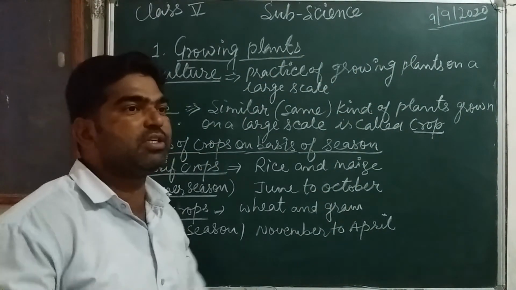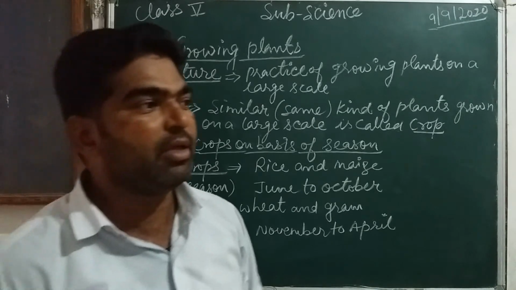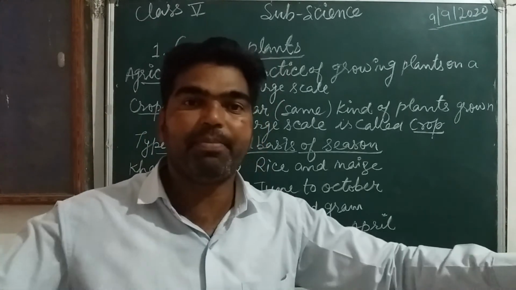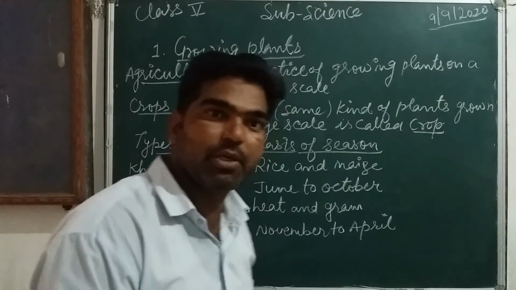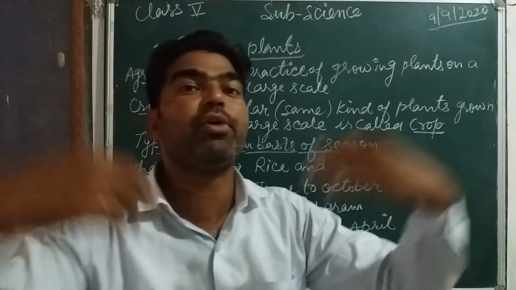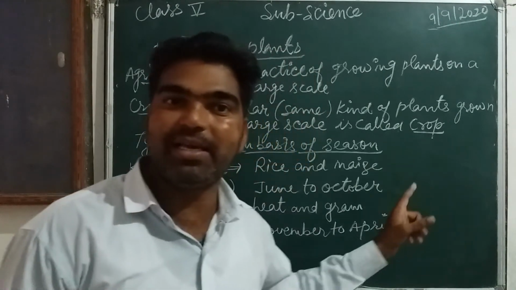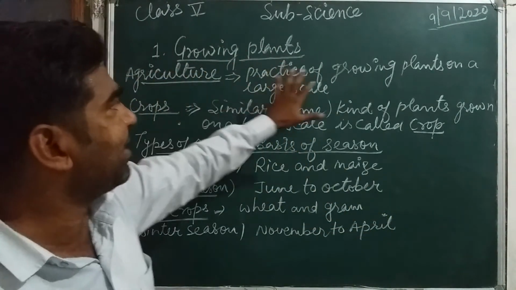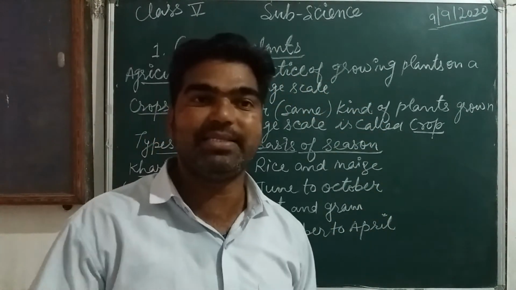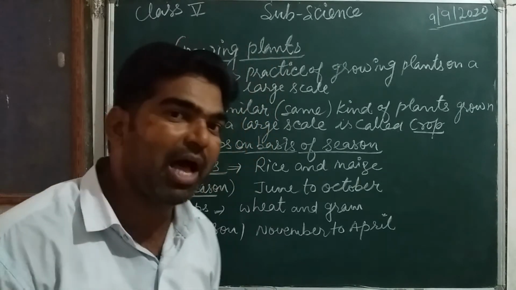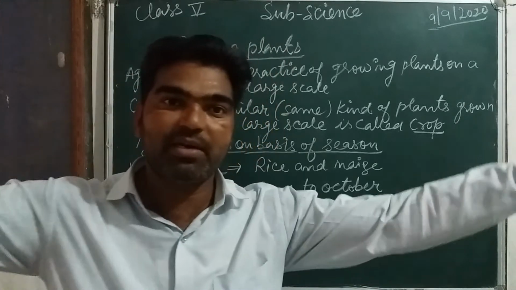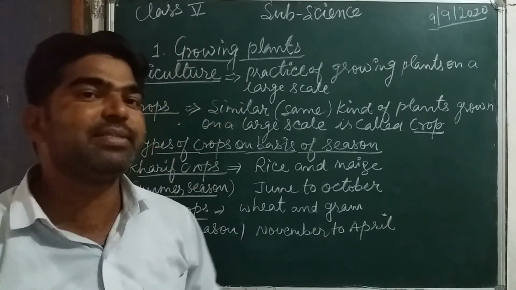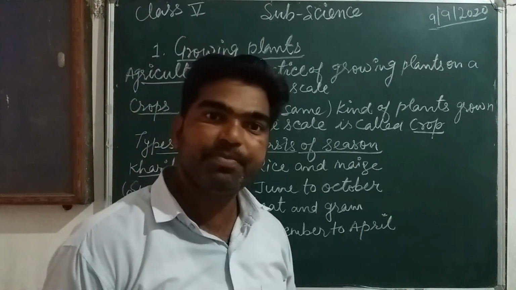Suppose you visit your farmhouse, okay, and you see the same kind of plant there. So that same kind of plant is what, a crop, and that practice of growing that plant is called what, agriculture. So agriculture means the practice of growing plants on a large scale. Means how we can grow that plant. So that practice of growing a plant on a large area is called agriculture.